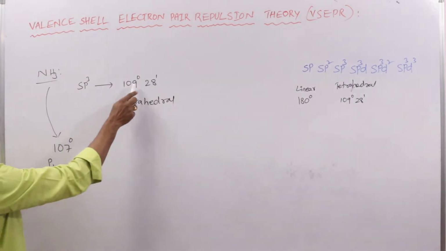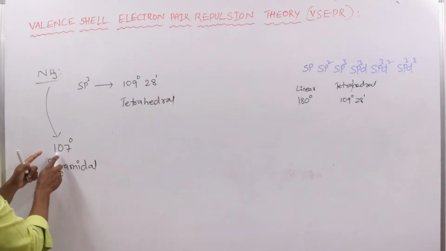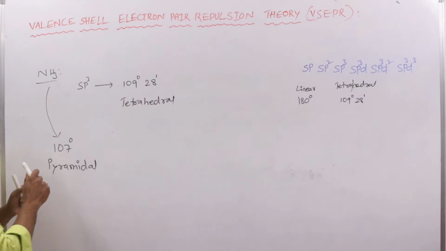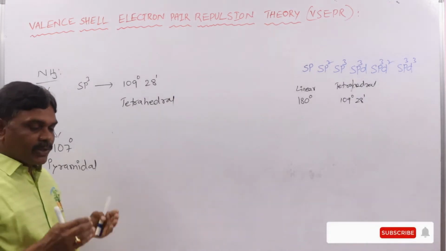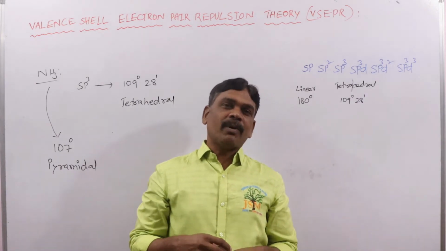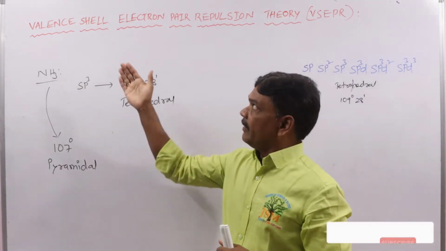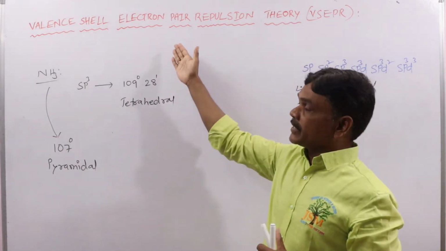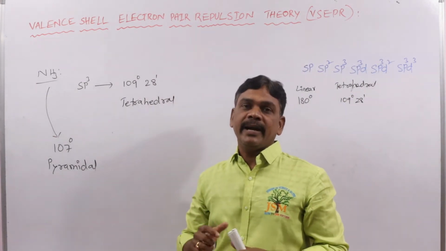Instead of 109 degrees 28 minutes, it is 107 degrees. Instead of tetrahedral, it is pyramidal. To explain this, Sidgwick and Powell developed valence shell electron pair repulsion theory, and this is developed by Gillespie and Nyholm.